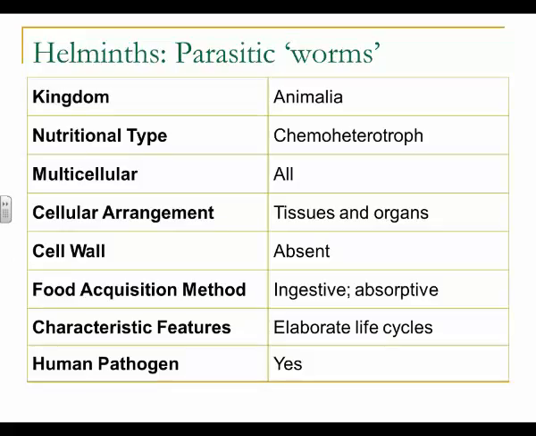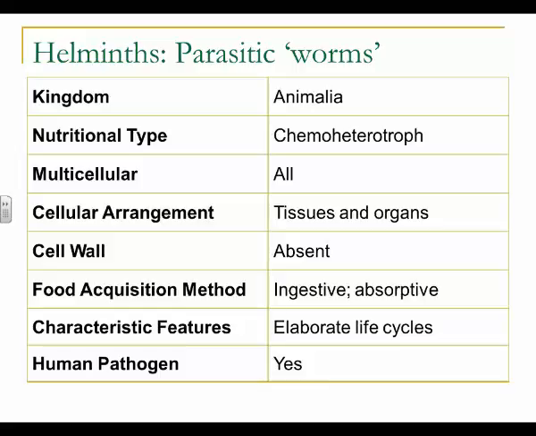They are all chemoheterotrophs and have some sort of either absorptive or ingestive feeding, with suckers that will latch onto the tissue, often in your gut, because you're exposed sometimes through contaminated food.